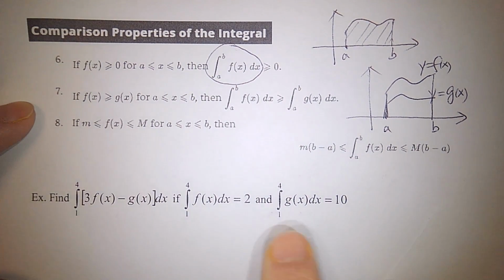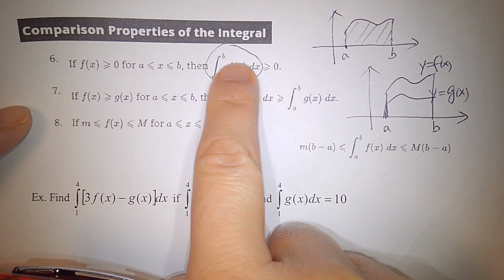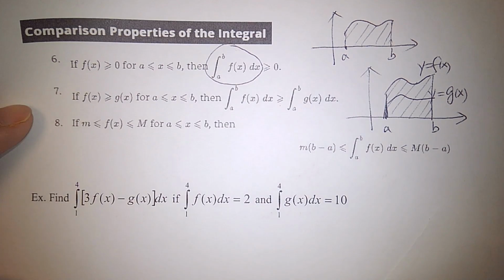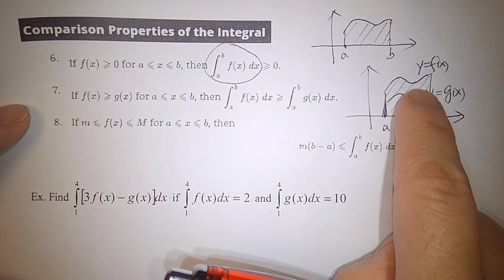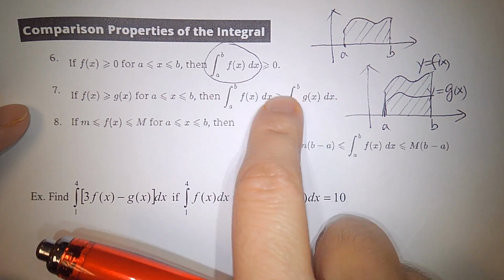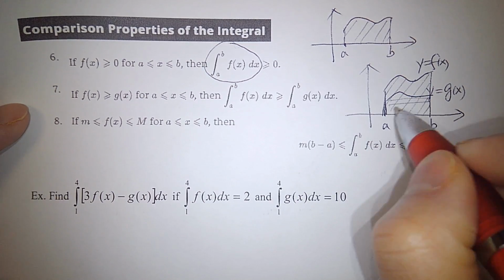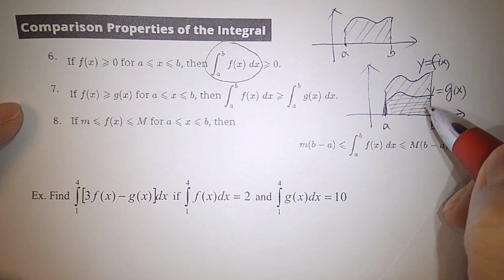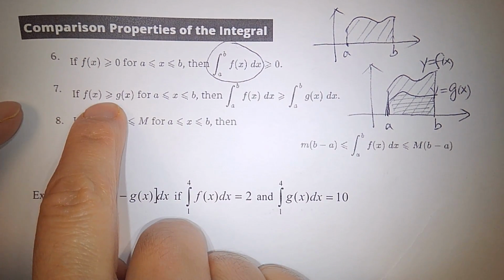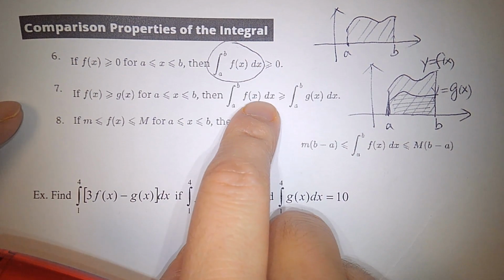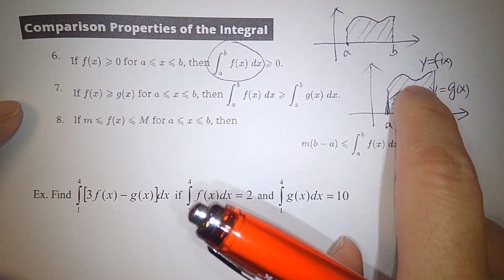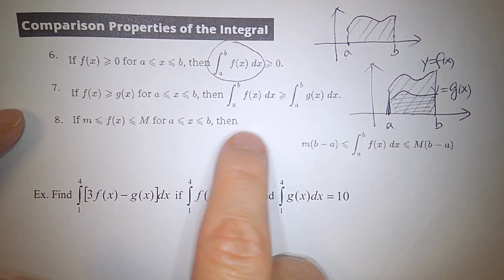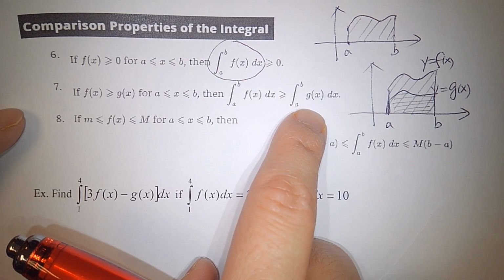From a to b. So what is the definite integral of f? This bigger shaded area, right? What is the definite integral of g? This smaller area, right? So if f is greater than or equal to g, the area from f must be greater than or equal to the area from g. Guys, do you see that? Okay, so we'll have this conclusion.